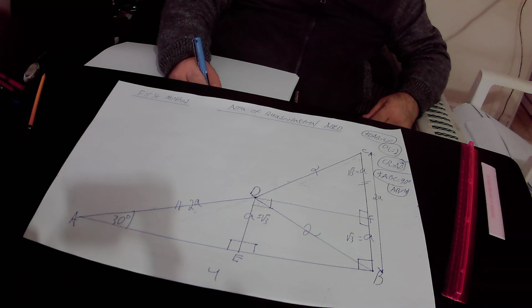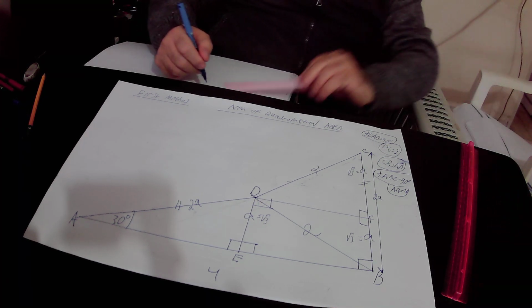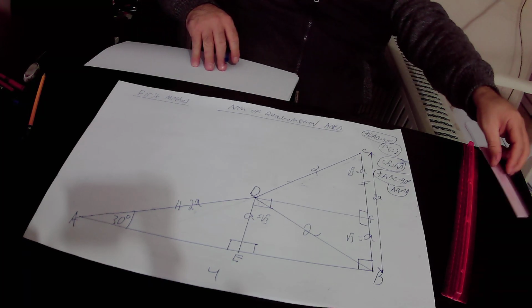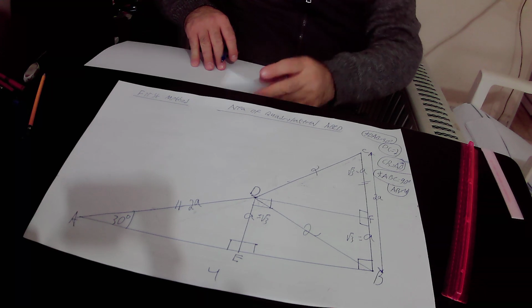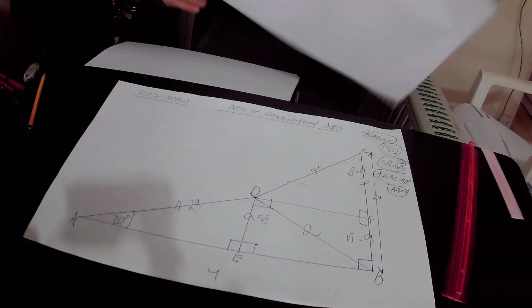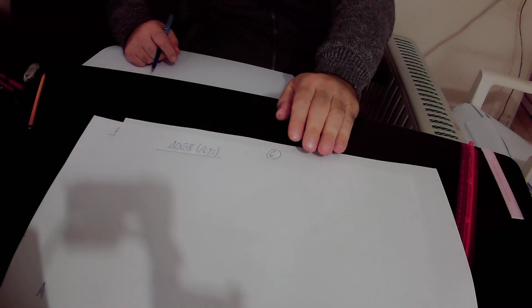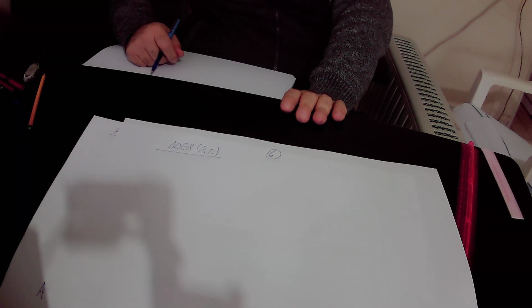In triangle DEB, according to the Pythagoras theorem, PT is the abbreviation for Pythagoras theorem.